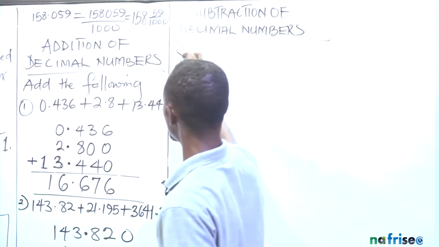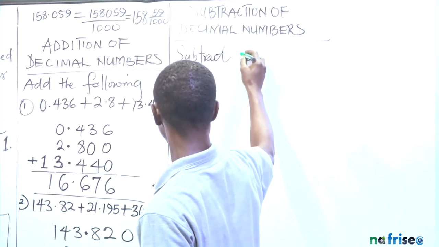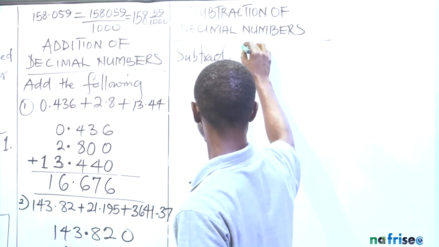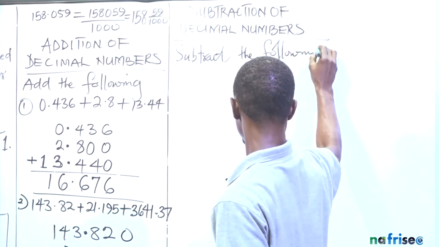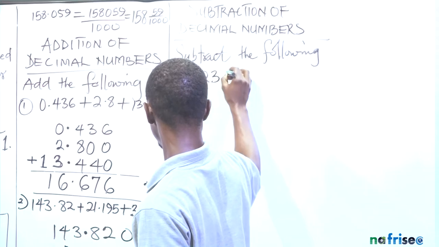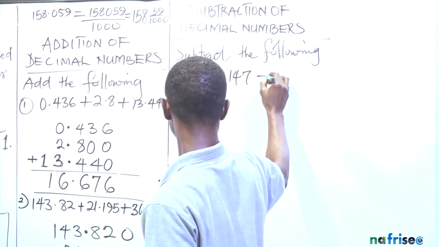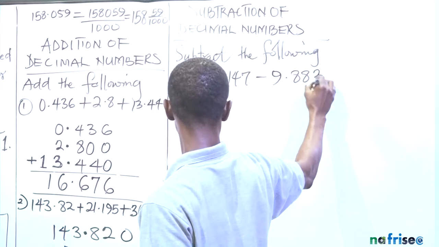In the same way, they'll tell us to subtract the following. The way you subtract decimal numbers is still the same subtraction. So what you have will take this form. Number 1, for instance, give us 23.147 minus 9.883.